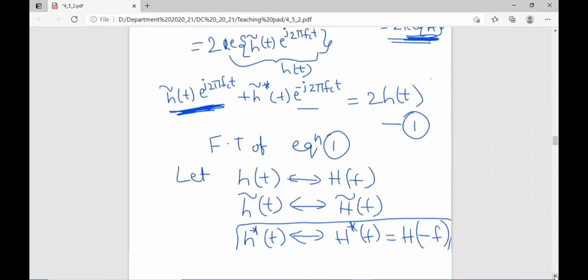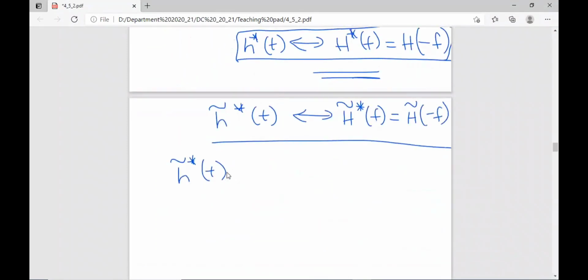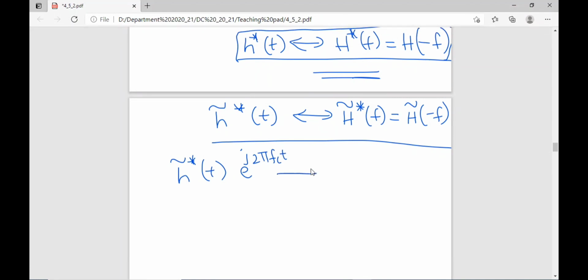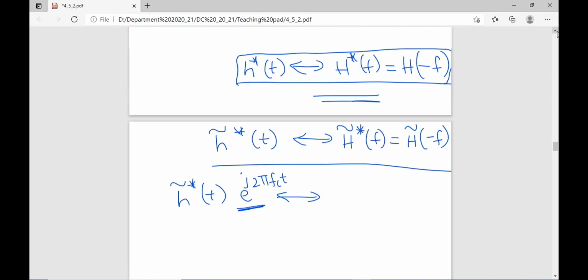Let us take that: h tilde star of t e power j 2 pi fct. So what has happened here? The time domain signal is getting multiplied with an exponential function. So you know the transform property, the frequency shifting property.